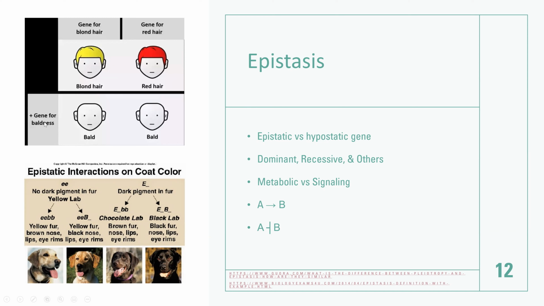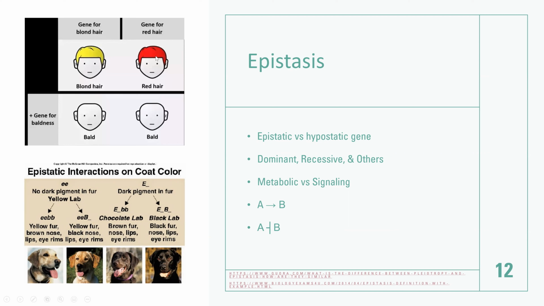So if the gene for baldness was dominant, then you would get 12 out of 16 times, or 75%, a bald person. 3 out of 16 times, let's say the gene for blonde hair is dominant to the gene for red hair, you'd get someone that expressed hair, but expressed blonde hair. And the final 1 out of 16 times, you would get someone that expressed red hair.